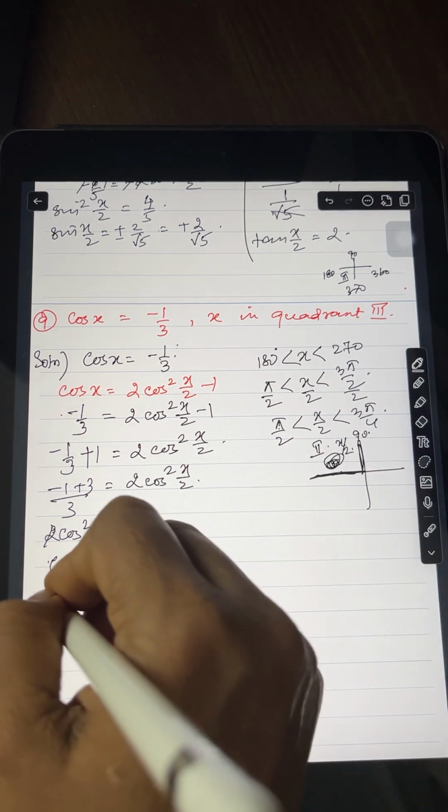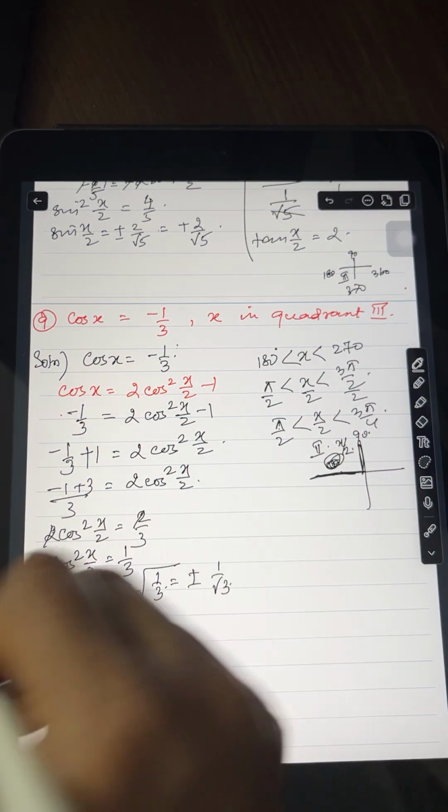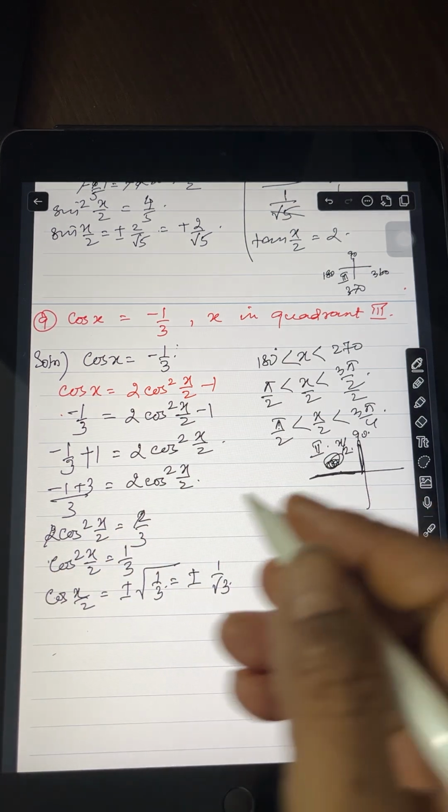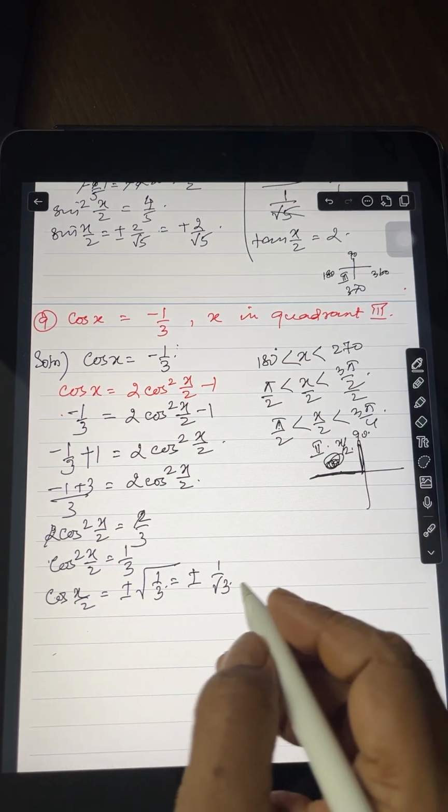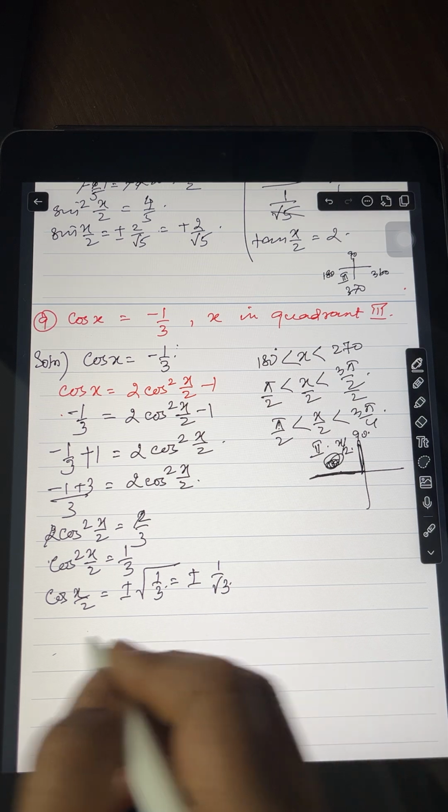Now in second quadrant, what is cos x by 2? Cos x by 2 is negative.